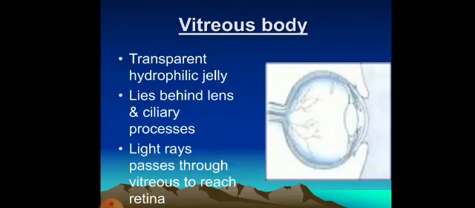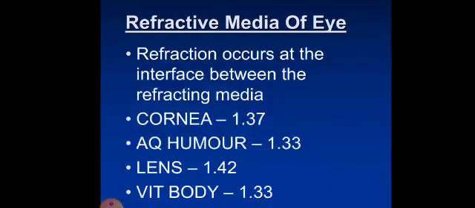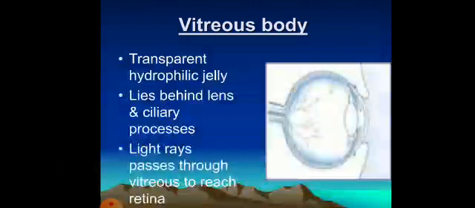Now about the vitreous humor or the vitreous body. So the vitreous humor, the vitreous body, it's all the same. It's basically a transparent avascular tissue which has the consistency of gelatin and which occupies the posterior cavity of the eye.